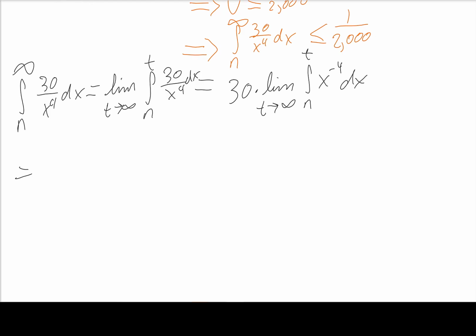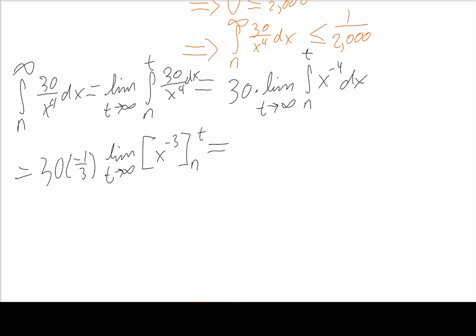Alright, and then integrating x to the negative fourth, we should get negative 1/3 x to the negative third. So we'll have to pull out that negative 1/3. And then we'll have the limit as t goes to infinity of x to the negative 3rd from n to t.